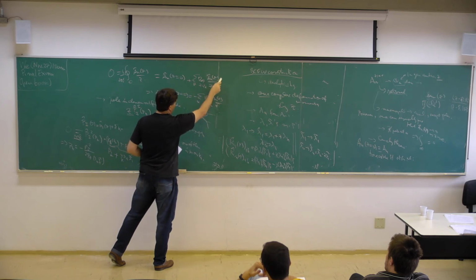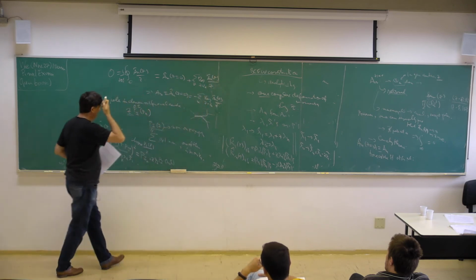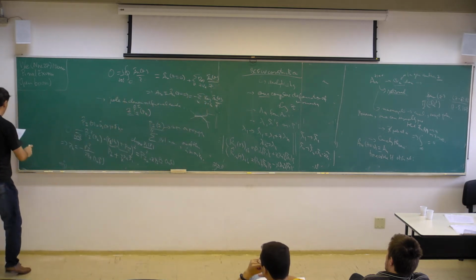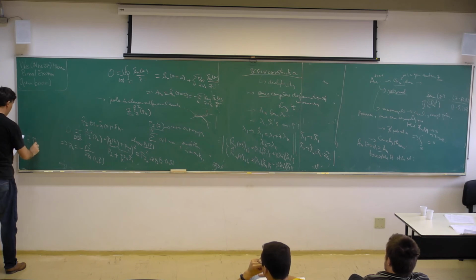So I'm looking at the amplitude divided by Z. So what I have is Z Pi hat squared.